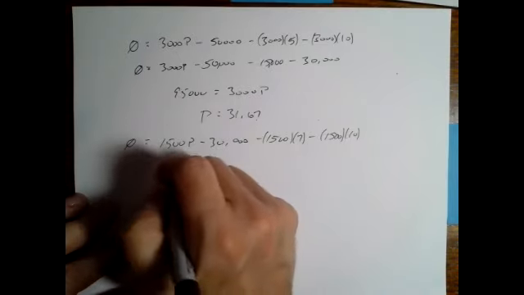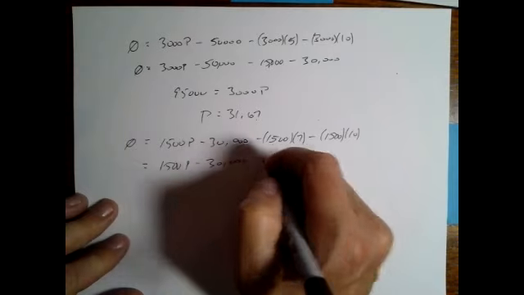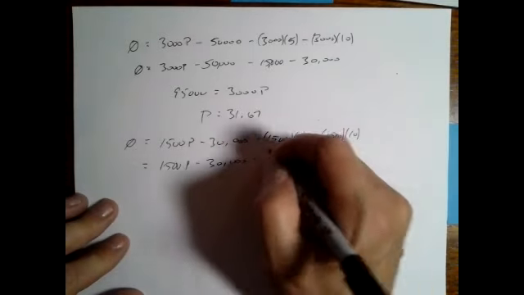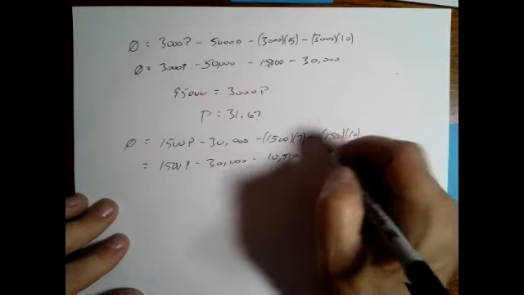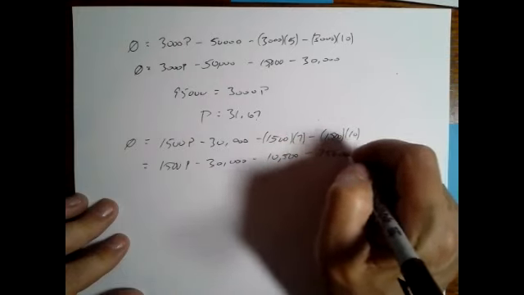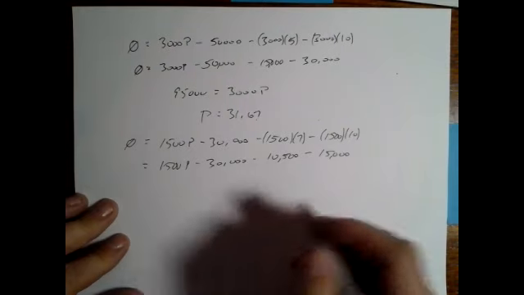So 1,500 P minus 30,000, minus 1,500 times 7 is 10,500, minus 1,500 times 10 is 15,000. 30,000 plus 10,500 plus 15,000 gives us 55,500.